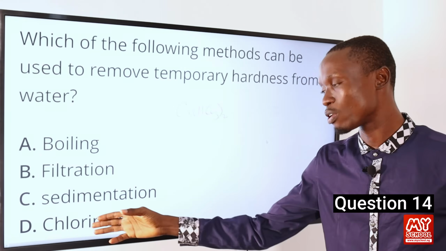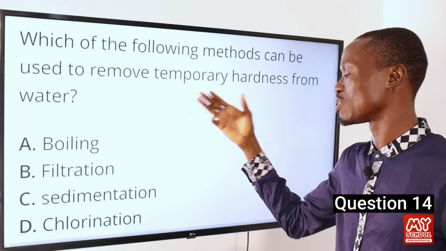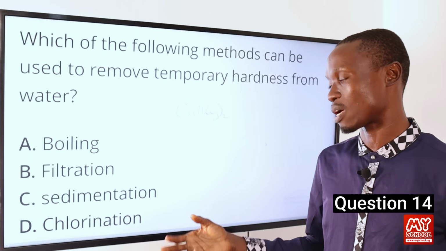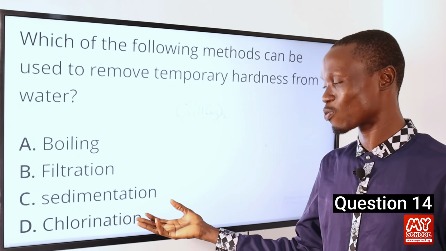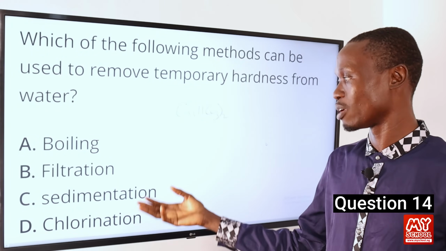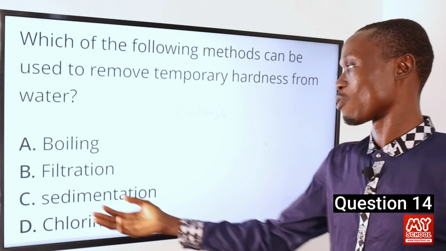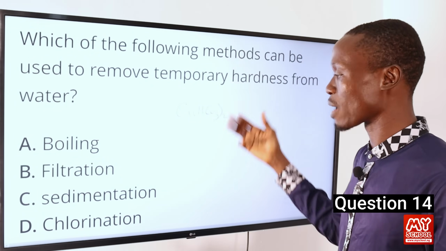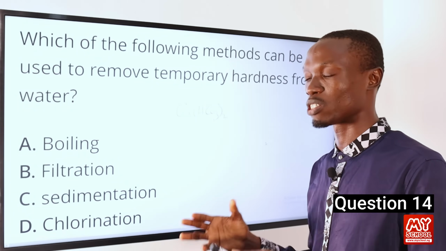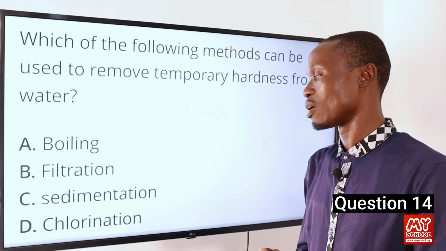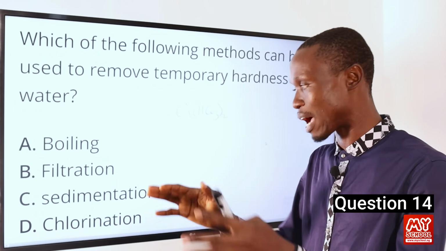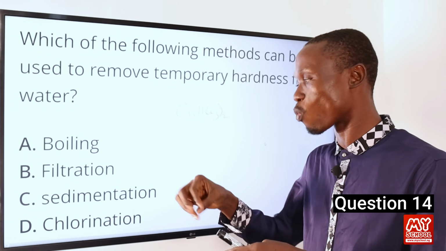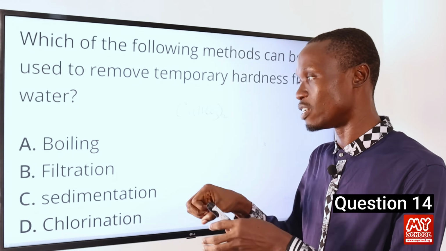Chlorination is not used in removing temporary hardness; chlorine is simply added to water to kill germs, so it is often used as a germicide in water purification. Sedimentation is also not used; it is just a method of gathering the dead particles in water in a spot.